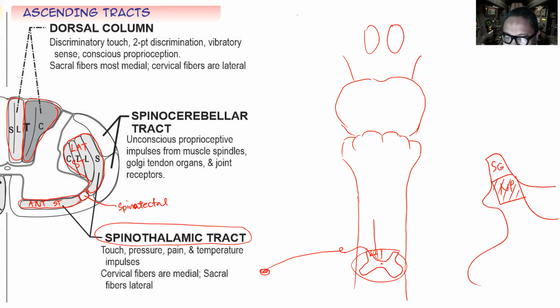As it goes up, at the level of your medulla, do you remember that we have two bulges there? You have your C and your G: the cuneate tubercle, wherein you have your cuneate nuclei just underneath, and then you have your gracilis nuclei. What's the purpose? It depends on where the sensation is coming from.